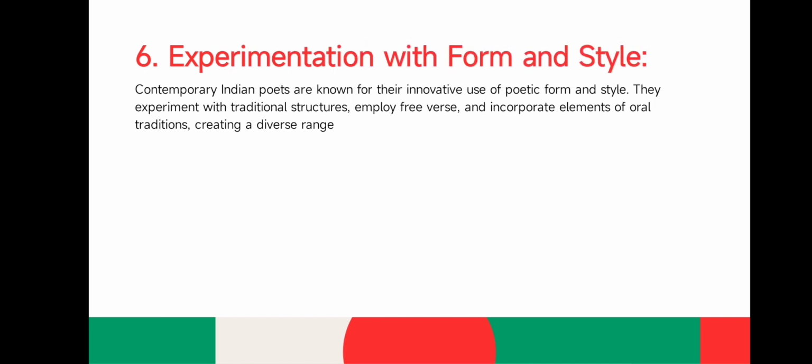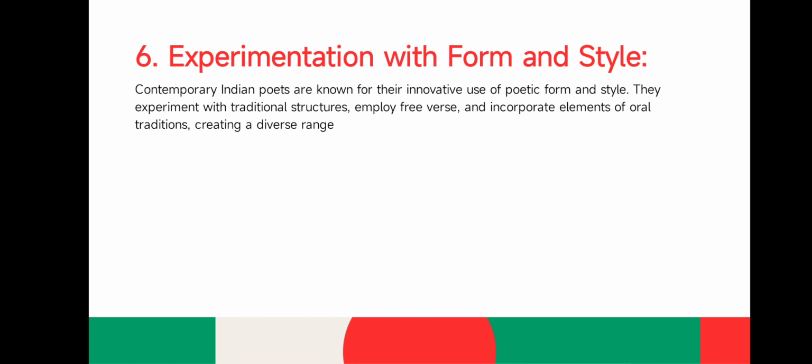They created their own new structures that will accommodate them. Okay, they started creating their own structures. For example, we see the advent of free verse or blank verse, where we do not follow any rhyme scheme or any meter. So that naturally gives more freedom to these authors to express their thoughts, emotions, and ideas more freely, more conveniently. Apart from that, we also see some elements of oral tradition.